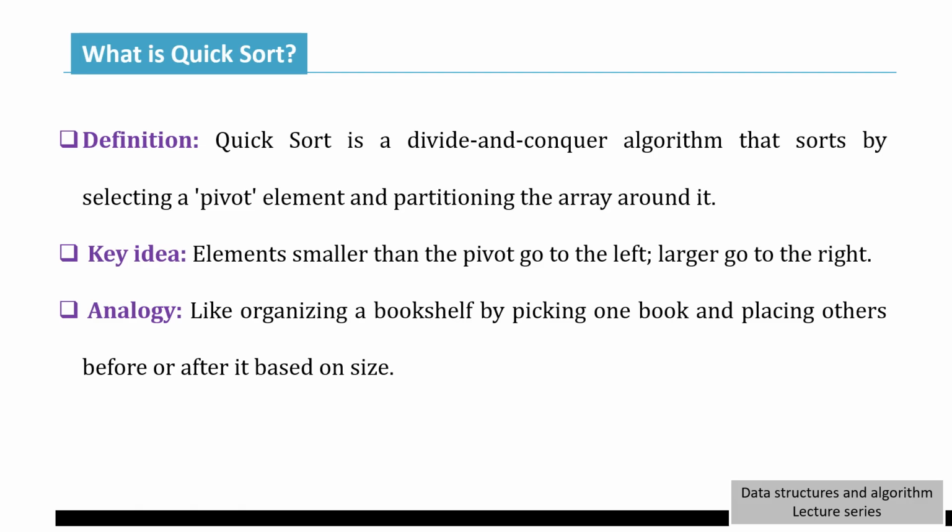So quicksort, as I already told you, is a divide and conquer algorithm that sorts by selecting a pivot element and partitioning the array around it. It basically works by selecting a special element, which we are calling the pivot, right?